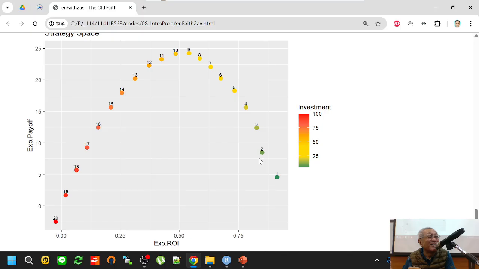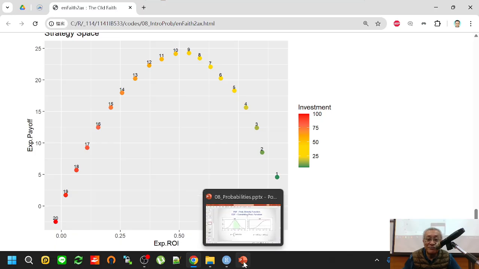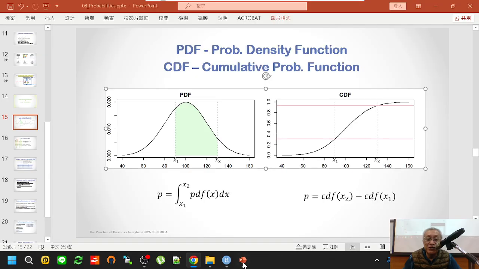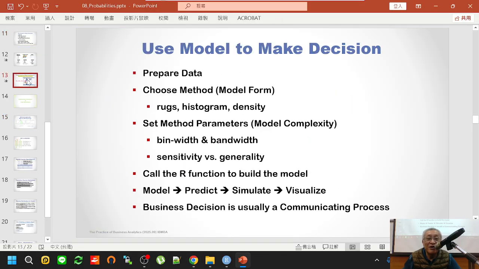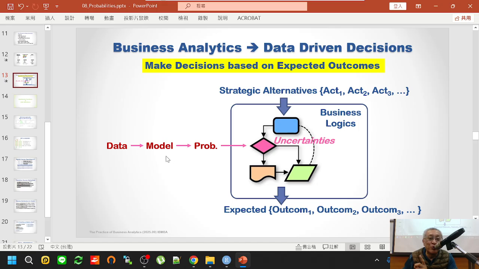And that's it. It's already 11:58. Let's do a very quick recap of what we learned today. Today we start from data, and we use that data to build a model. We use the model to predict probability.